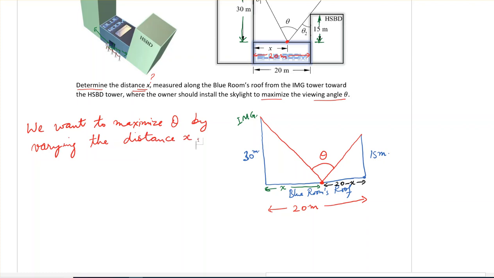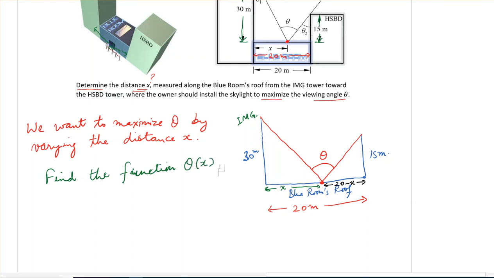So whenever we have an optimization problem, the first thing we do is we figure out the function in terms of the variable. So the first step is to find the function theta in terms of x.